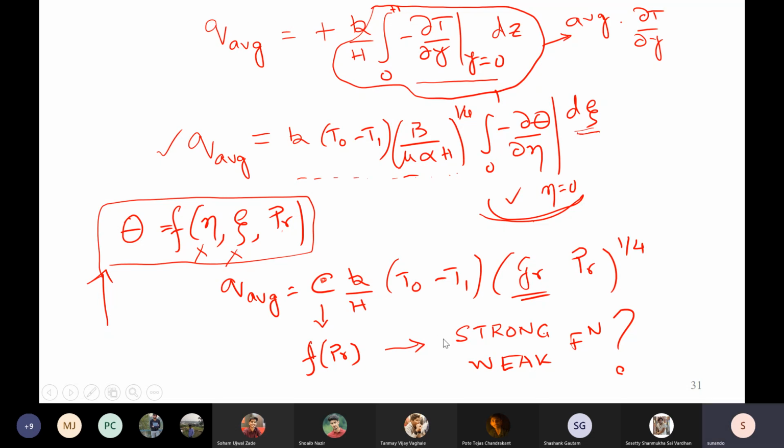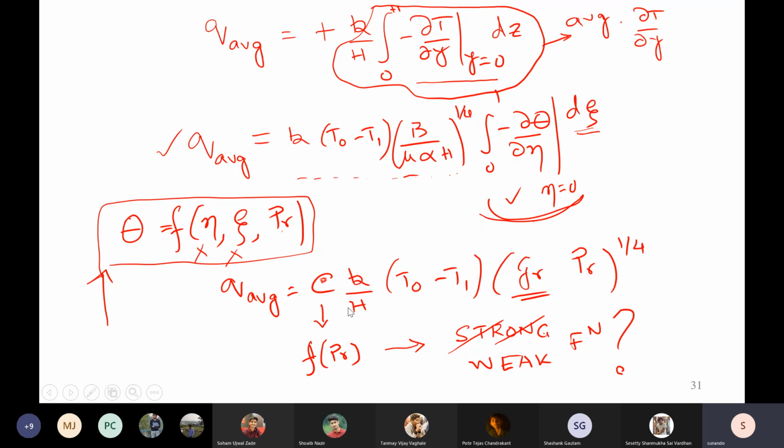However, because of the nature of the flow in natural convective heat transfer, this is only going to be a weak function of Prandtl number. So you are safe to write a relation like this, which you have obtained semi-analytically using some of the approximations that I have already discussed, for example, neglecting convective heat transfer in the y direction, and so on. So this C, which I must evaluate, is not that important.